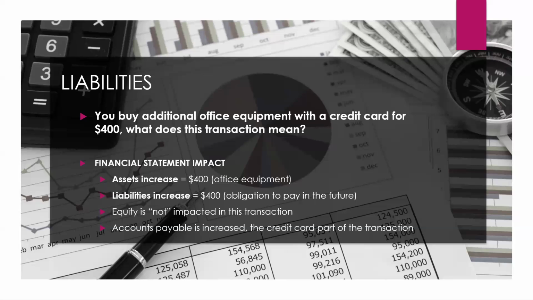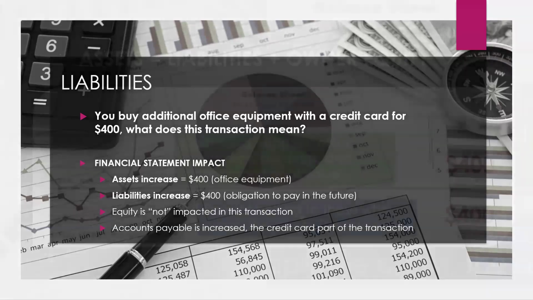And that credit card is basically an obligation to pay in the future. Equity is not impacted in this transaction at all. Accounts payable is increased. So accounts payable is a part of that whole liability classification. And so that's what the credit card is.